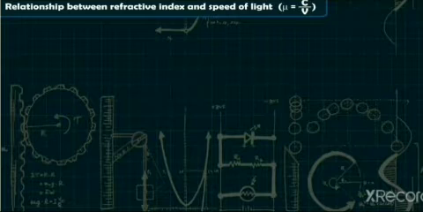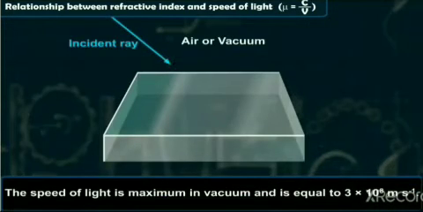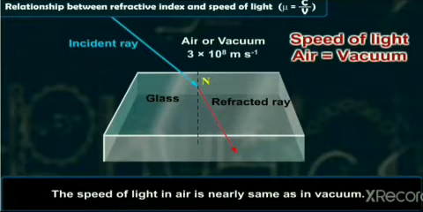Relationship between refractive index and speed of light: mu equals c upon v. The speed of light is maximum in vacuum and is equal to 3 into 10 raised to 8 meters per second. The speed of light in air is nearly the same as in vacuum.